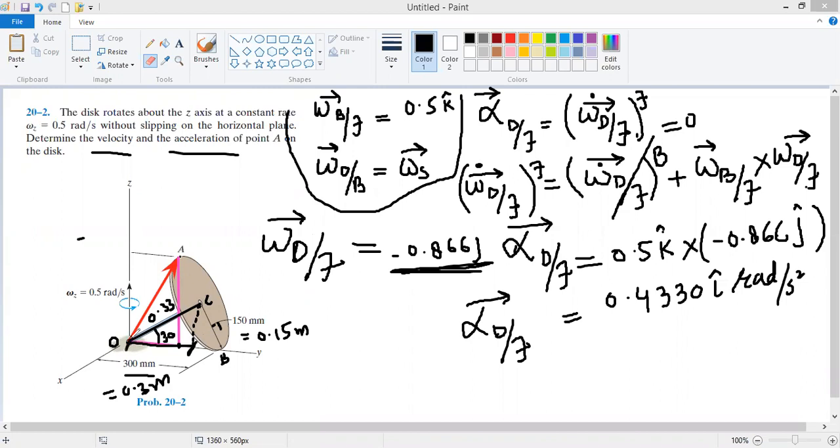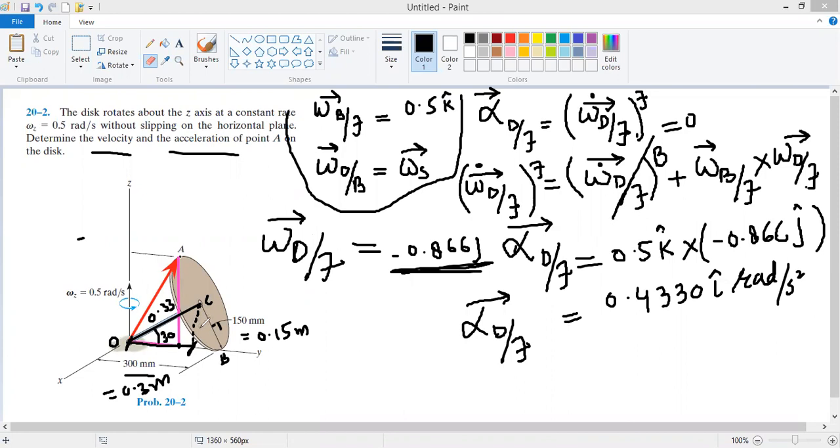So if we subtract 0.3 minus 0.3 cos of 30, certainly we will get it.